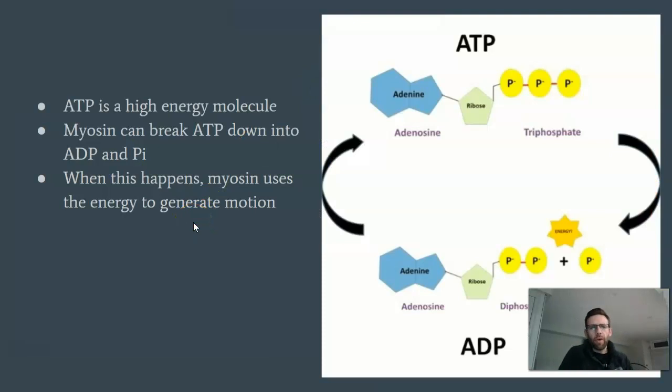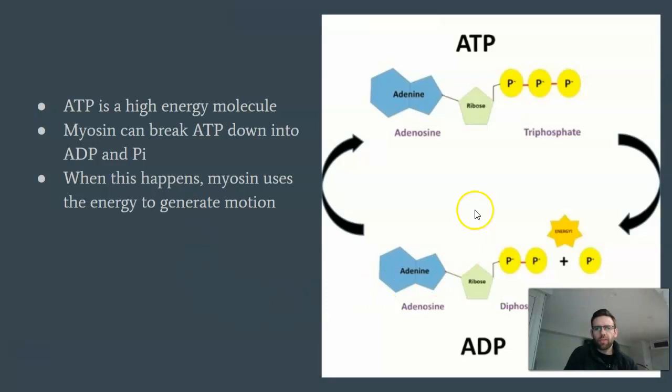Just a quick note about ATP. ATP is a high energy molecule that our bodies use a lot when we are doing any kind of activity that requires energy. ATP is like the currency of energy in our cells. It is crucial for the process I just showed you. Myosin can break it down into ADP and phosphate.